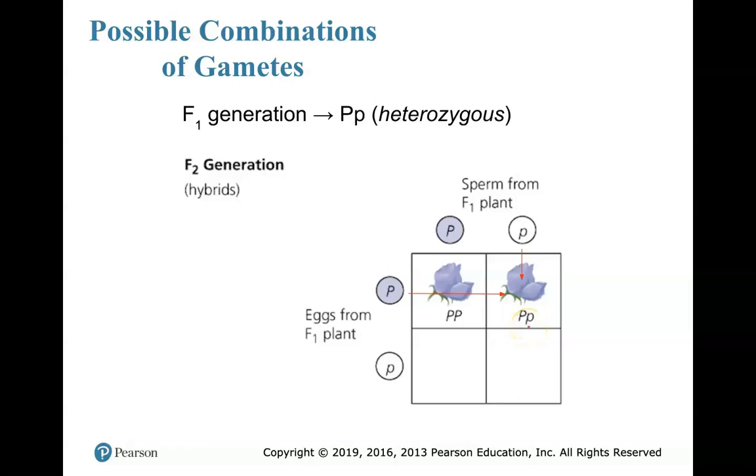I want you guys to appreciate at this point that you are going to write the uppercase allele before you write the lowercase allele. We usually show the dominant allele, whether it's inherited from the male or female, that doesn't matter. The dominant allele, uppercase letter, is going to be written prior to the lowercase letter.